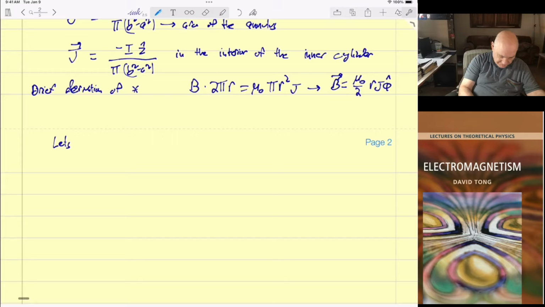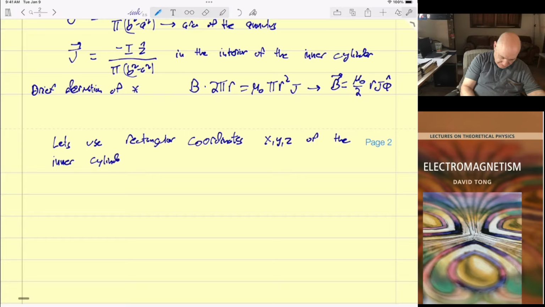So we'll use x, y, z for the inner cylinder, and x prime, y prime, z prime for the outer cylinder.